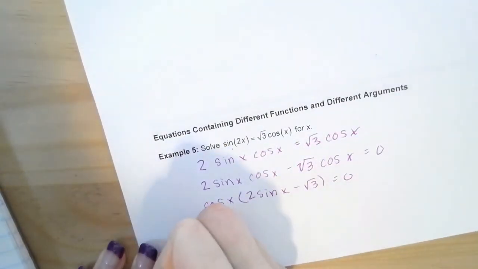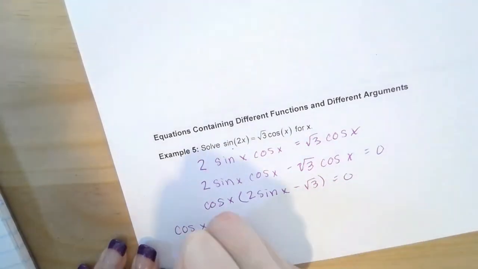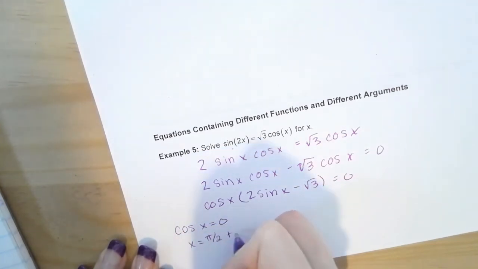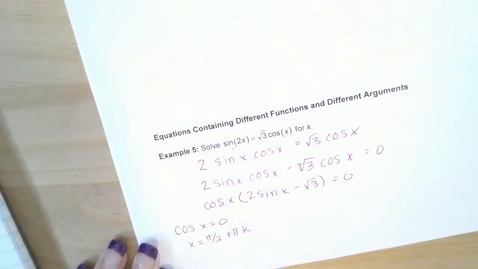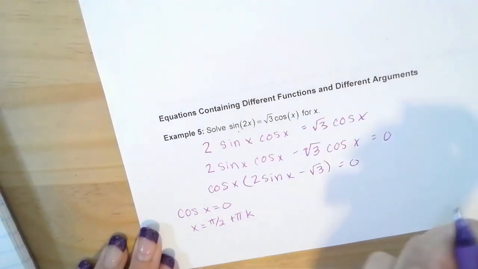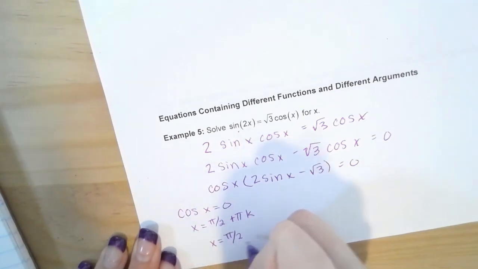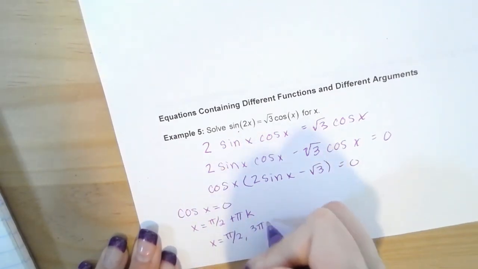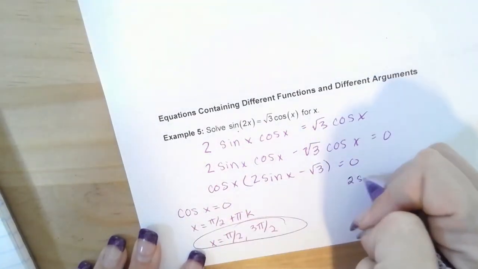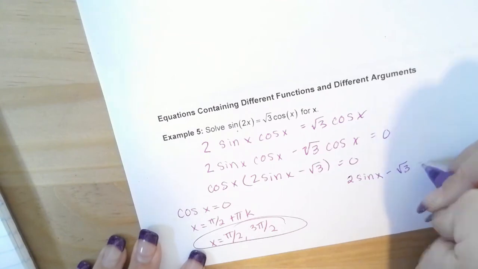I will separate those two, so cosine x equals 0. Well, that is at every pi over 2 plus pi k. In this case, k can be 0 and k can be 1. So we get x equals pi over 2 and 3 pi over 2. On this side we get 2 sine x minus the square root of 3 equals 0.